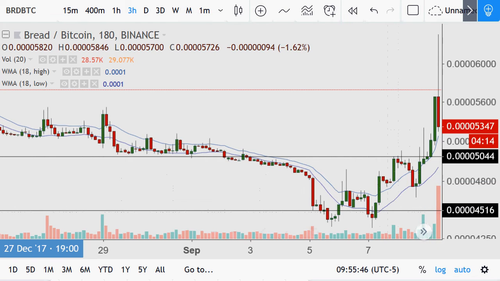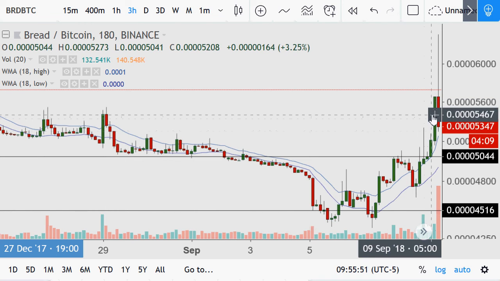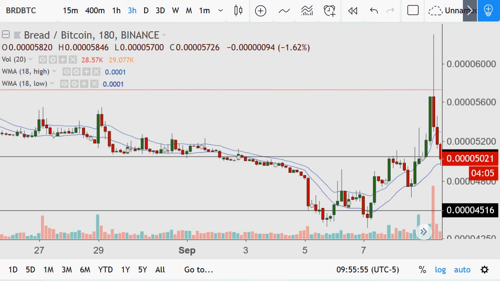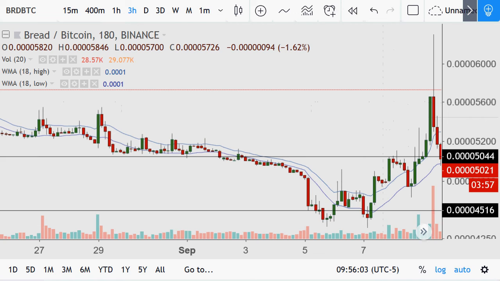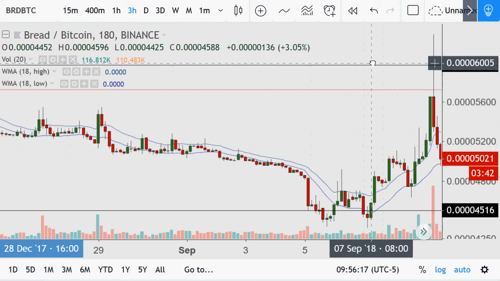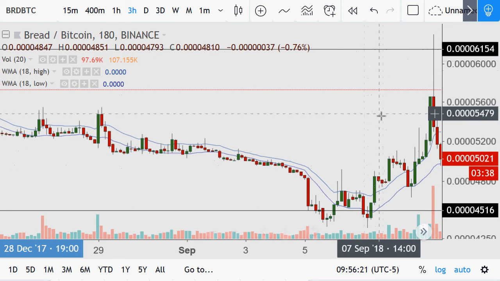Previous resistance level, barely over the 5,000 number. I think you could take the 53, but yeah, it's just so obvious that it was going to go there. So 50.44 is the number. And given the large volatility, I think I get away with putting a sell order near the previous high.